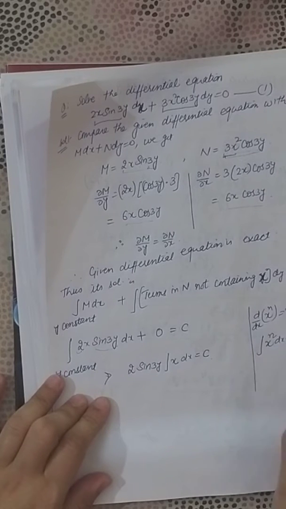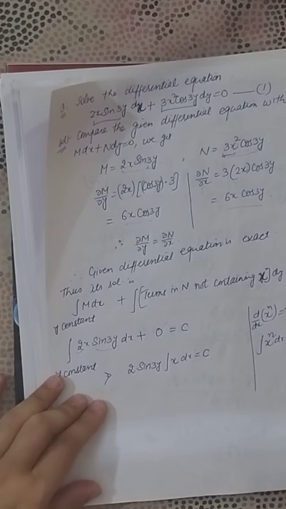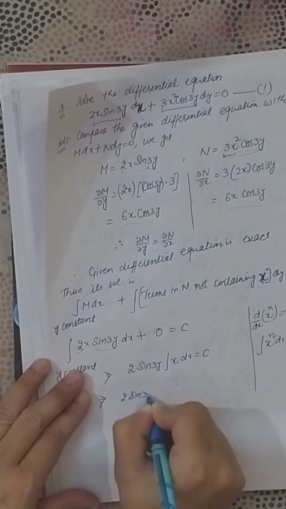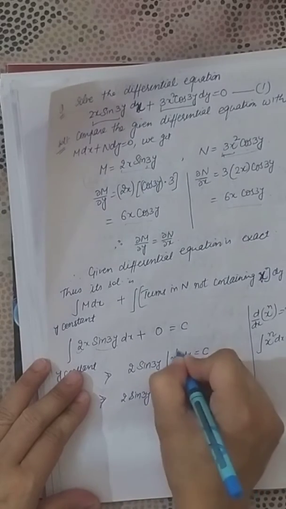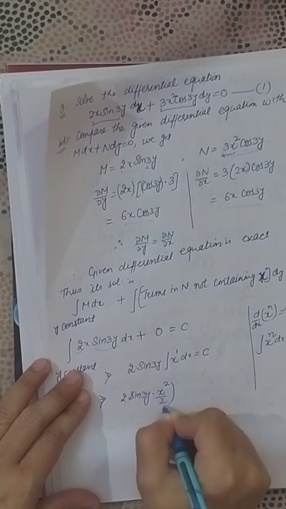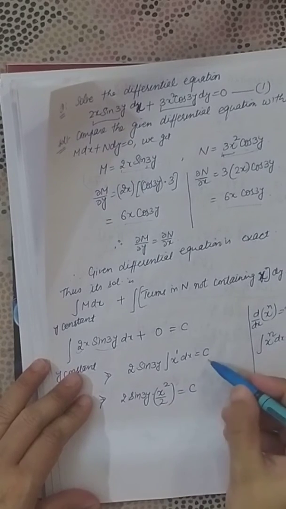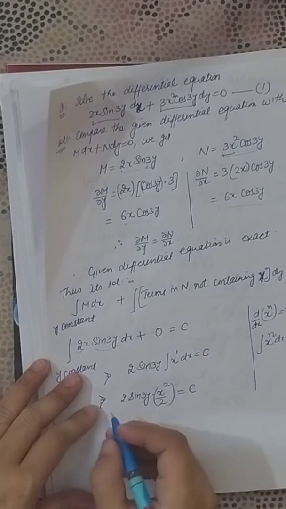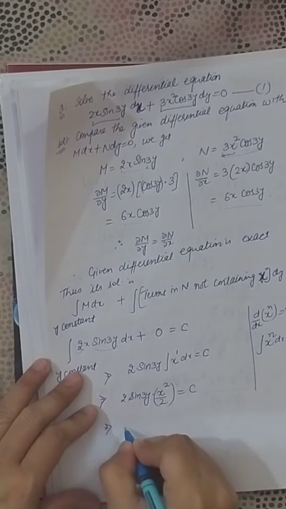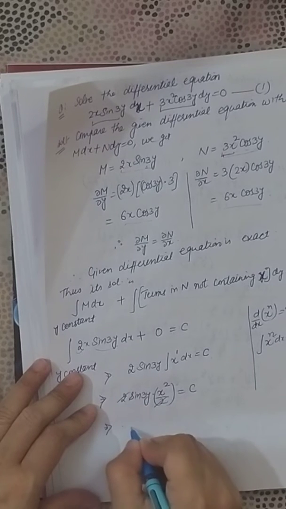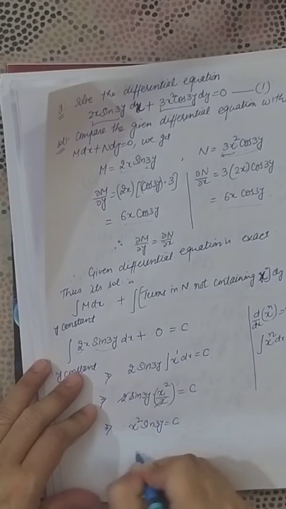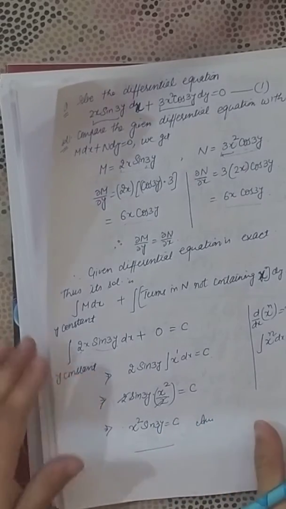That means in integration we increase the power by 1 and divide by this increased power. So 2 sine 3y times integration of x will be x square by 2. As on the right hand side I have already added c, plus some other constant, it becomes some other constant. So 2 will be cancelled out, x square into sine 3y equal to c, and this is the required result.